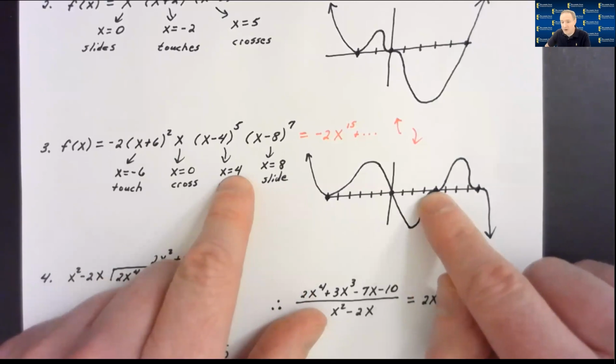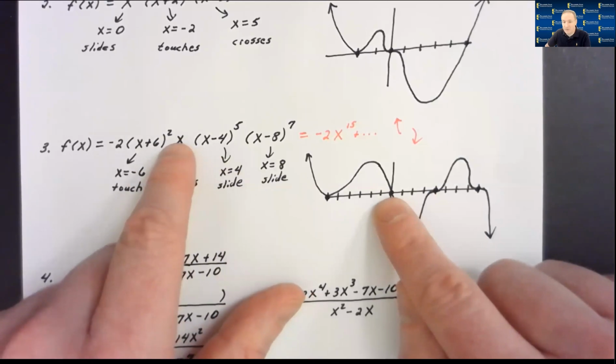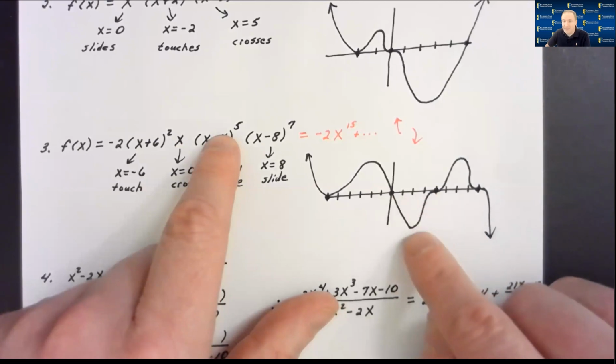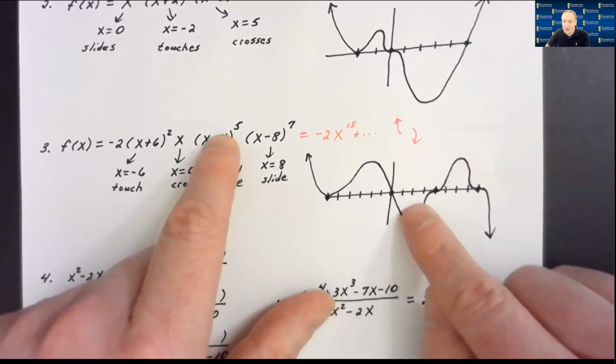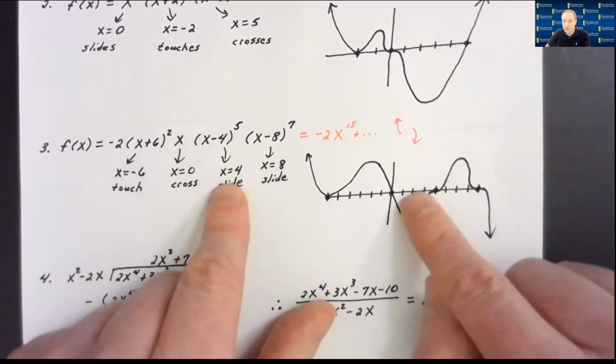But it doesn't look like it does at 0, because at 0, that came from a factor of degree 1. This one, anytime the odd power is greater than 1, yes, it crosses, but it crosses in a sliding pattern. So I go up and show that it slides through at x equals 4.